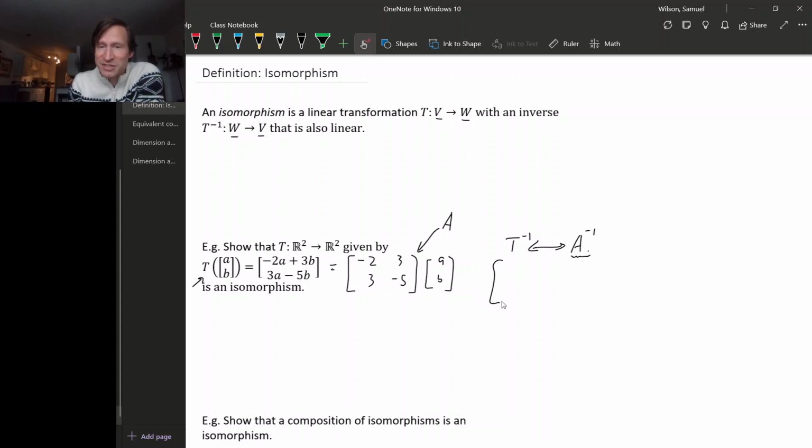To compute an inverse matrix, remember we can just augment this matrix with the identity, and then row reduce the left-hand side, and hopefully it row reduces to the identity. So let's do it. There's no nice way to do it, I guess. Let's take row 2 plus 3 halves row 1.